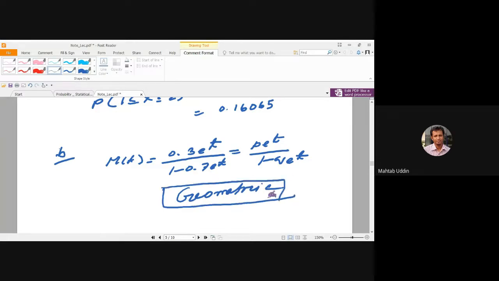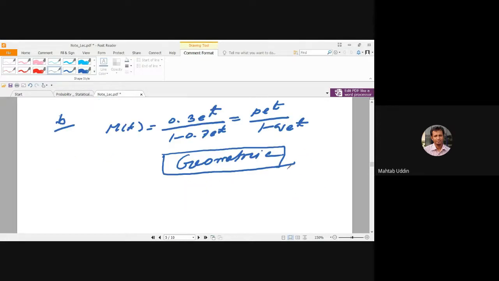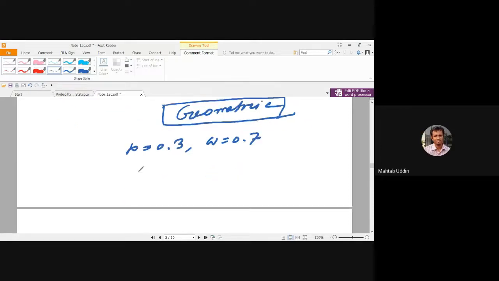This is from geometric distribution. So we get p equal to 0.3 and q equal to 0.7. So in this sense, f(x) is, we know, q to the power x minus 1 times p, and we know x equals 1 to infinity.